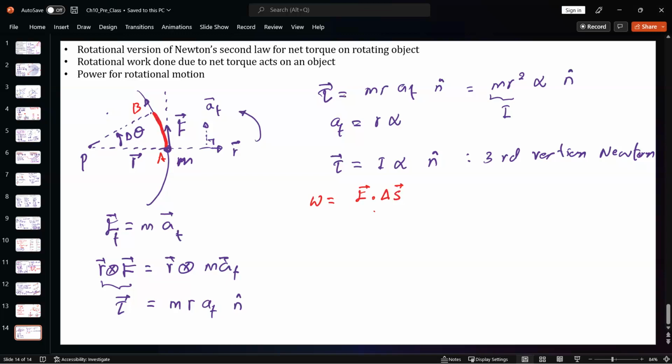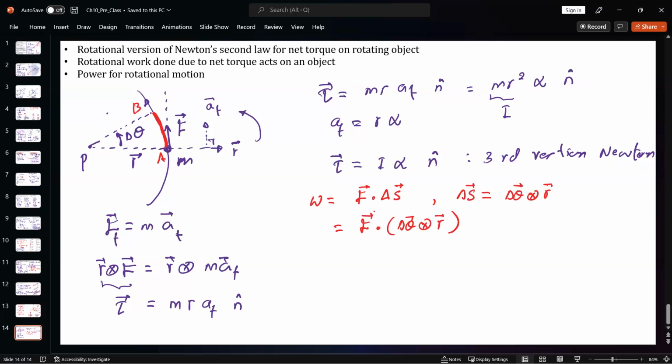Because we know that definition, we try to use that to figure out the definition for the rotational work done. Now we know that delta s, we can write as the cross product between delta theta and r, so the delta s vector is equal to delta theta cross product the vector r, because that is how we defined the direction of theta at the very beginning of this chapter. Let's combine these two together. Now I have F dot delta s is F dot d theta cross r.